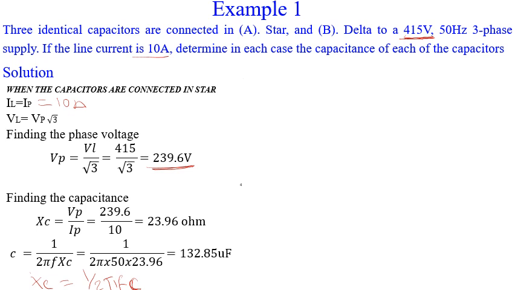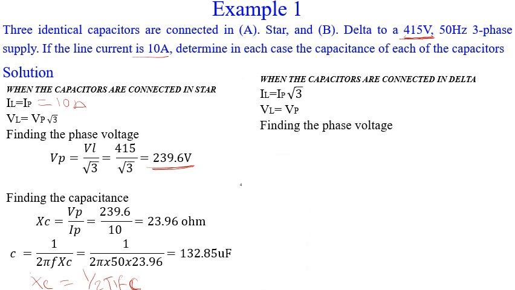How do we do that? We have to also invoke the delta formulas. We know that for delta, line current is equal to the phase current times root 3, and line voltage is equal to the phase voltage. Here we need to find our phase current.